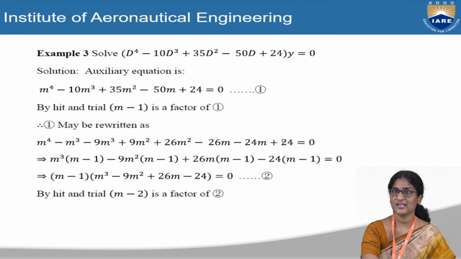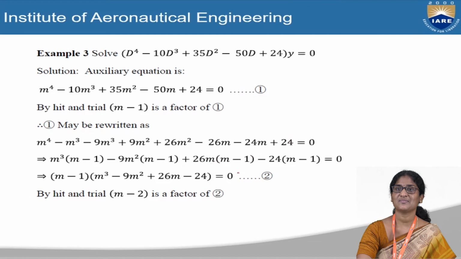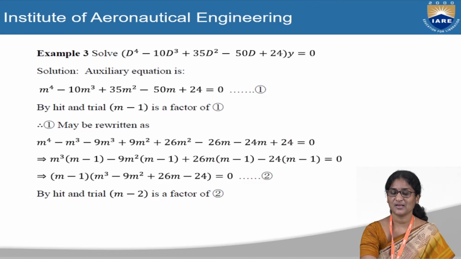Linearity, homogeneity, higher order and constant coefficients, all these terms we have to remember while solving the differential equation. Again, we can solve this by the trial and error method or the factorizing method. I've used the factorizing method, but first I got m equal to 1 by trial and error, because we can't get solutions for all types of equations in calculus.